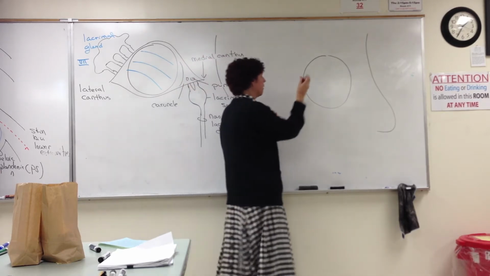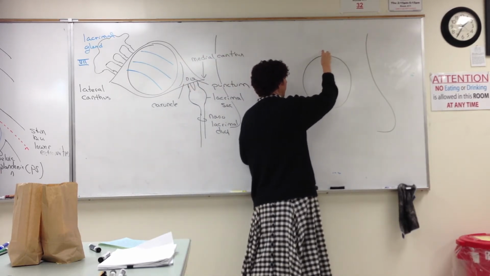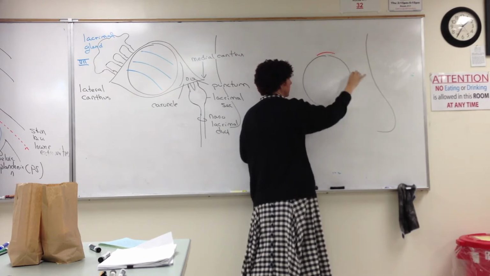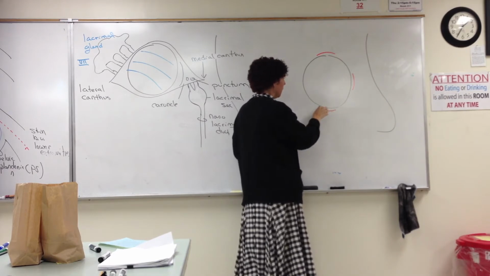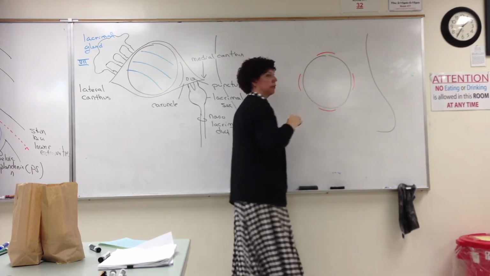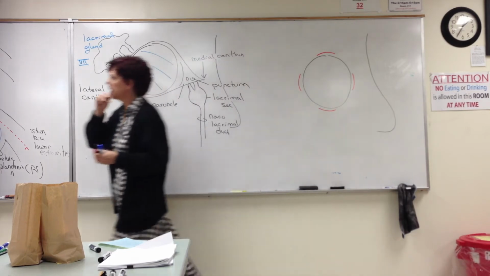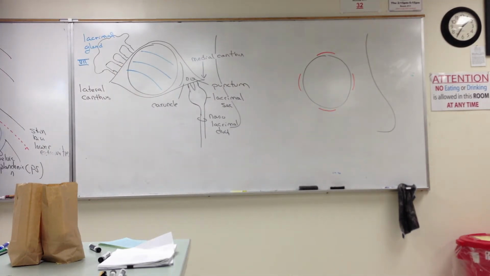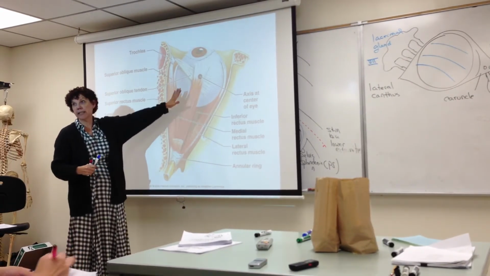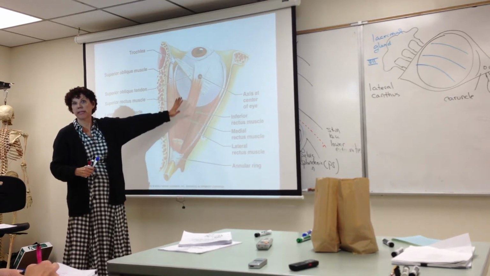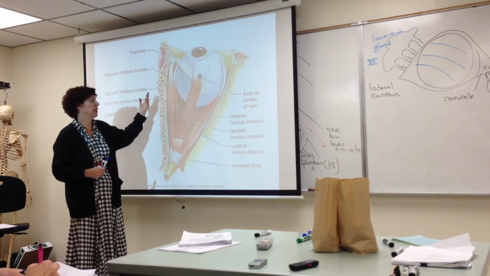Coming out at you from the back of the eyeball, we would have the superior rectus muscle, medial rectus because the nose is there, inferior rectus, and lateral rectus. So you can see from this view the superior rectus, the medial rectus, the lateral rectus, and the inferior rectus. Missing from this, because the eyelid is missing, is the levator palpebrae superioris, which you could see on the previous picture.